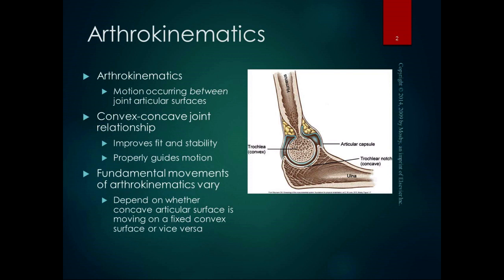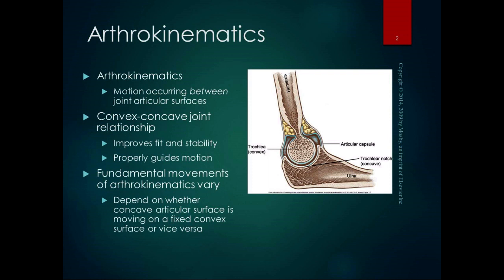The idea of this relationship is it improves fit and stability of the joint, and it properly guides the joint motion. So in the picture, we have a cross-section side view of the elbow joint, or the humero-ulnar joint, where the trochlea of the humerus is convex, and it articulates with the concave trochlear notch of the ulna.